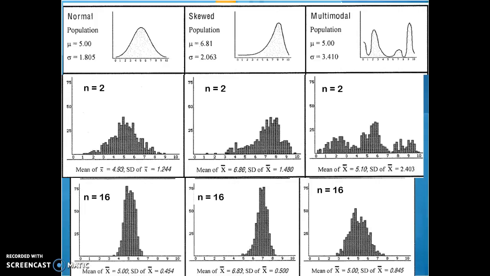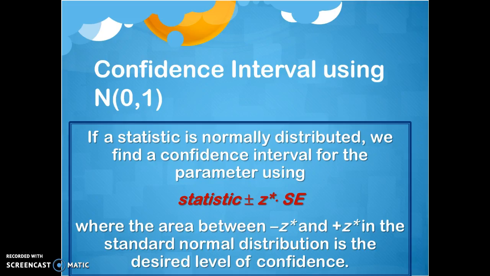Okay, so if that's central limit theorem, how does that help us make confidence intervals? How does that help us do hypothesis tests? Well, using the central limit theorem, if we have this normally distributed sampling distribution, what we can do is say that a confidence interval for the statistic in our sample is that statistic plus or minus some critical value.